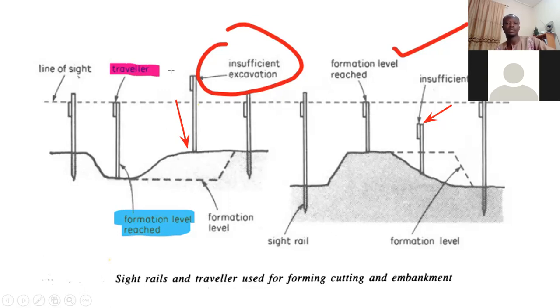I think the Zoom online lectures have a disadvantage. Students can't respond when you ask them questions, which is a shame. But if you can hear me, you can answer the question. How do you know from the diagram which one is the traveler and which one is the side rail?